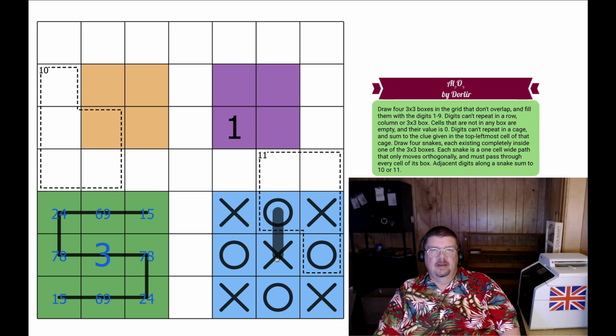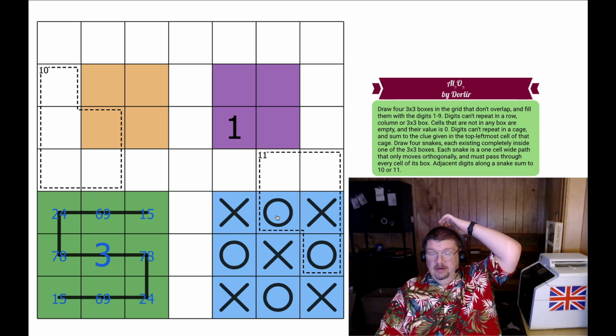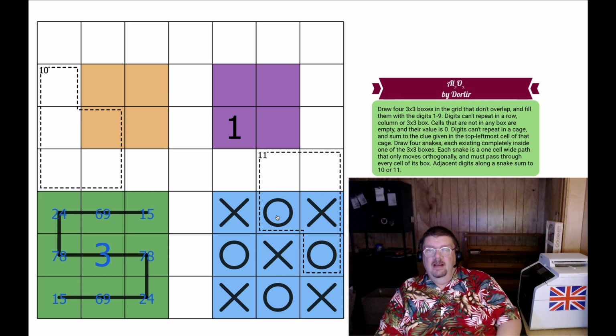If I go from here to here to here to here to here to here to here to there, the next cell I need is an O cell, and there's none left. So it doesn't matter how I rearrange or how I start it, I cannot put the start of the line on a center edge.